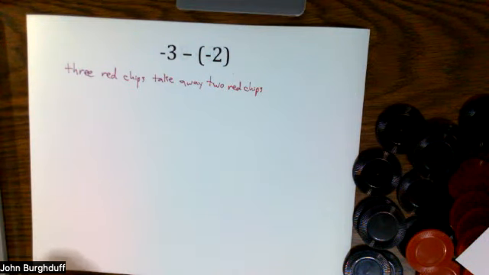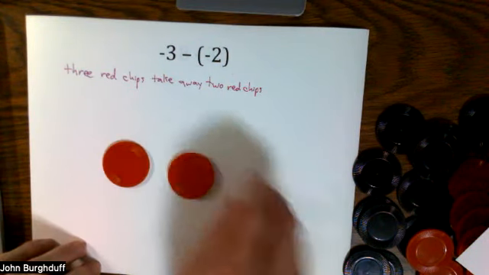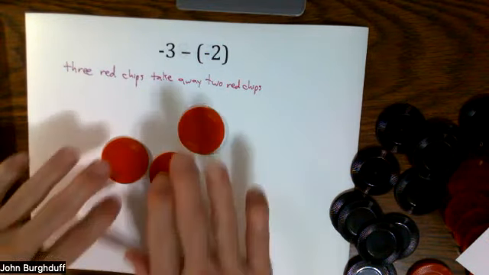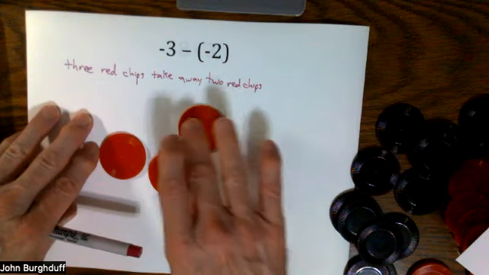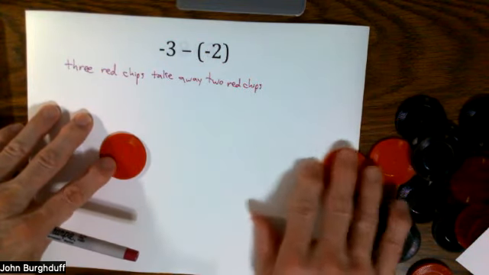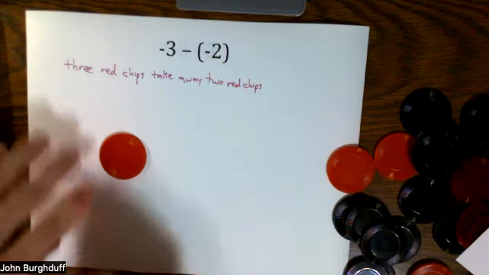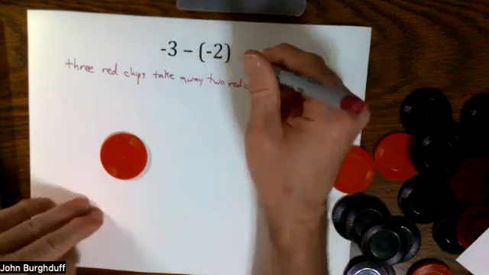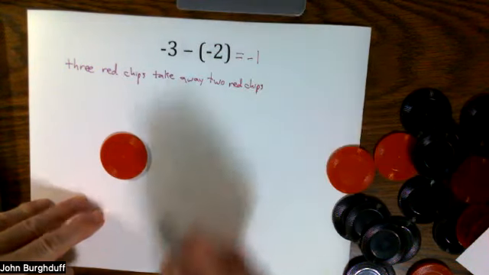That's what we're going to do. Let's actually do it. So here are 3 red chips. I'm going to start with 3 red chips, and I'm going to take away 2 red chips. What am I left with? Well, I have 1 chip, and it's red, and that's -1.